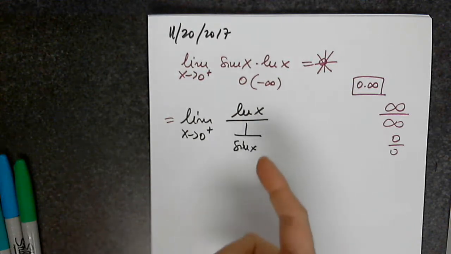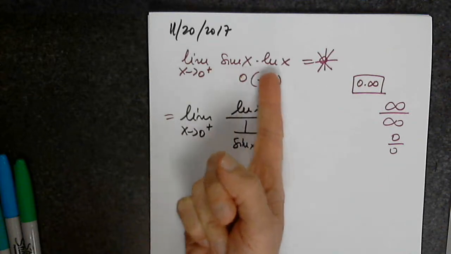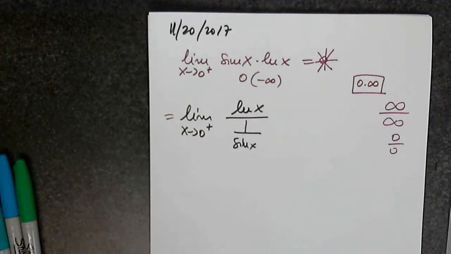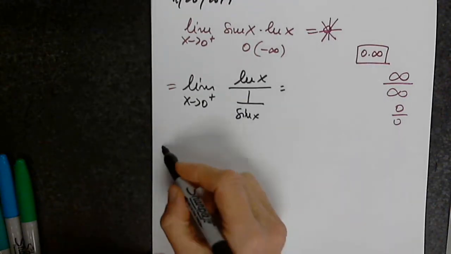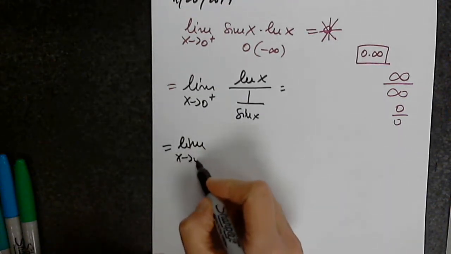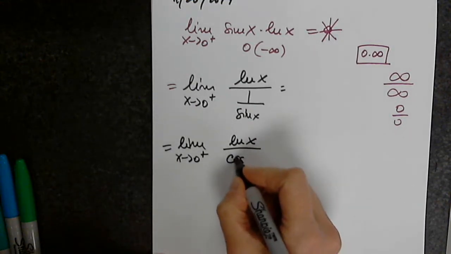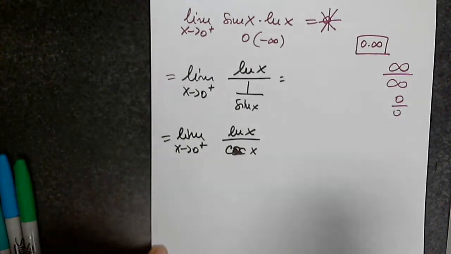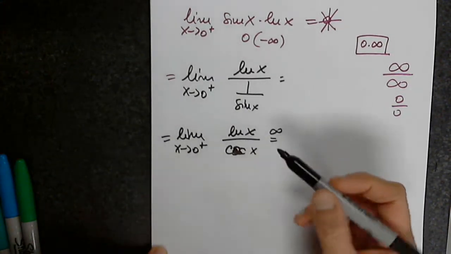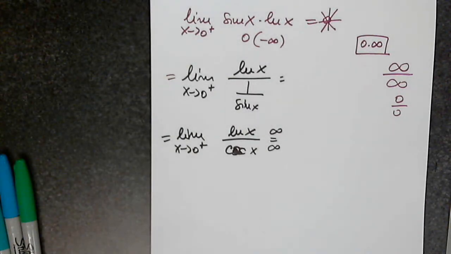Because when I divide natural log by 1 over sine x, I flip sine x and I get this. Now I'm going to change 1 over sine x into cosecant x. So this is the limit as x approaches 0 from the right of natural log x over cosecant x. So now the top goes to infinity and 1 over 0 goes to infinity. So now I'm ready for L'Hopital's rule.